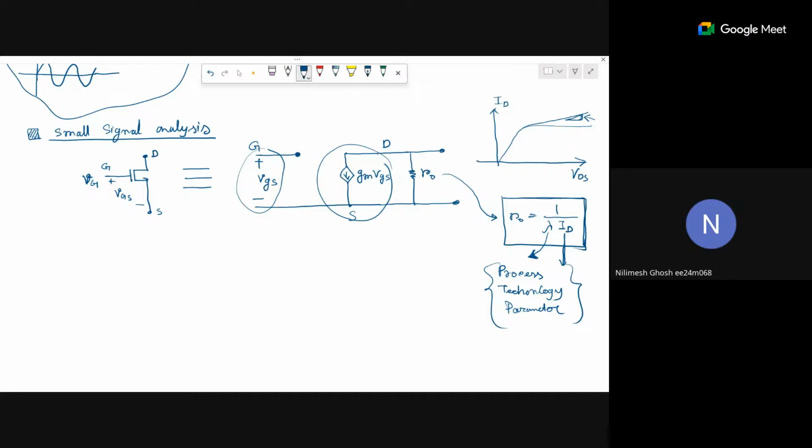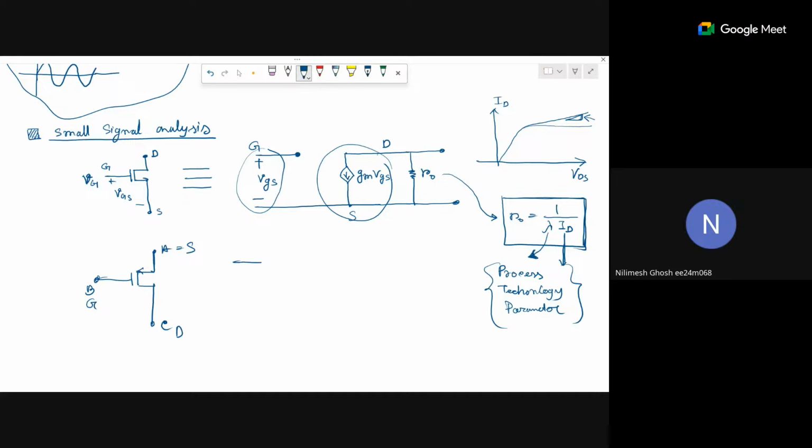So this is our whole background to start. And for the PMOS also the same thing. PMOS also we can model the particular MOSFET. First of all, tell me what is the source here. This is A, this is B, this is C. A is source, B is gate, and C is drain.